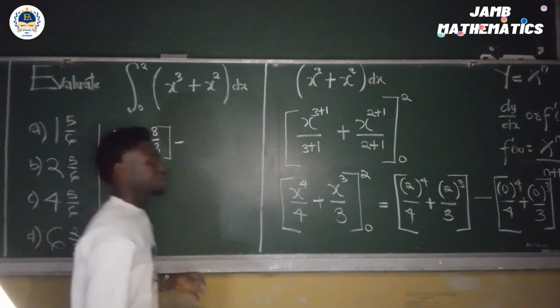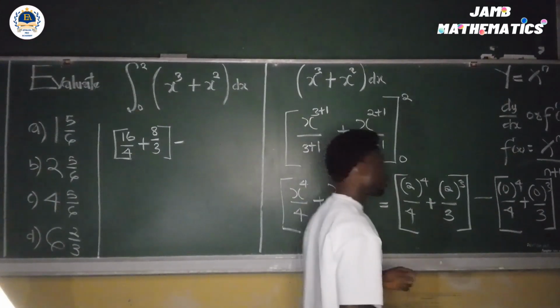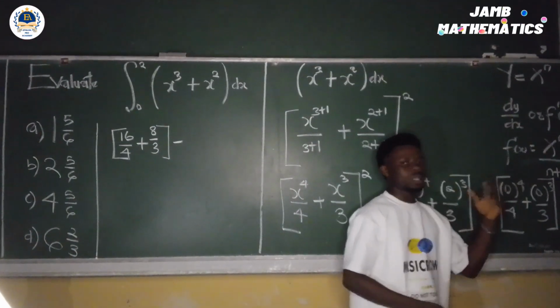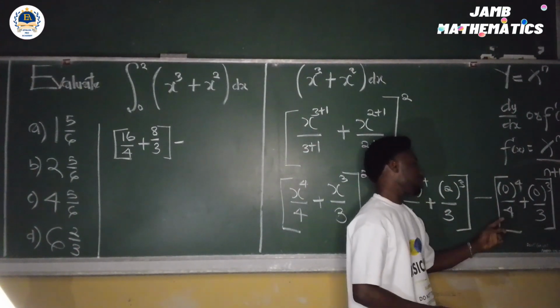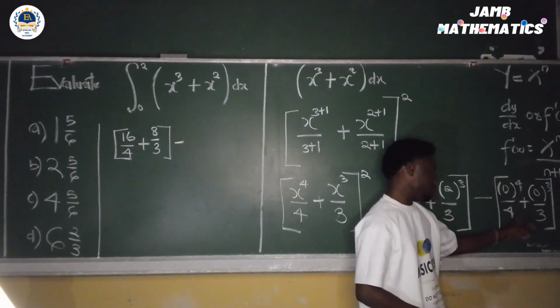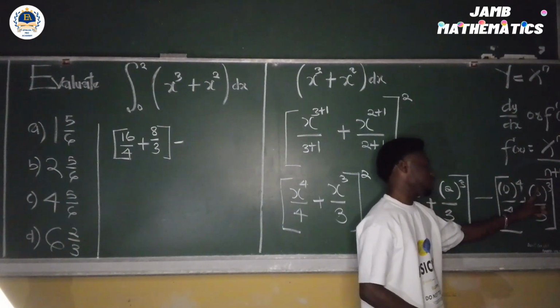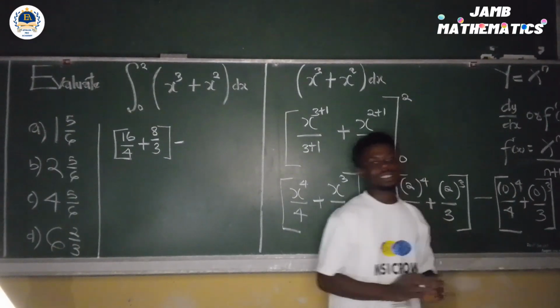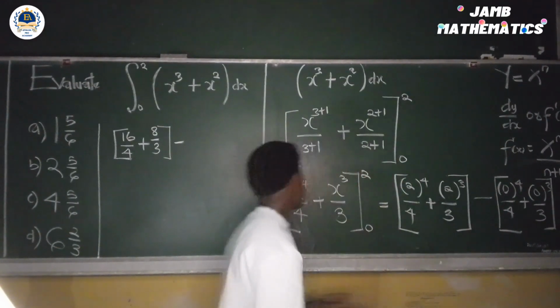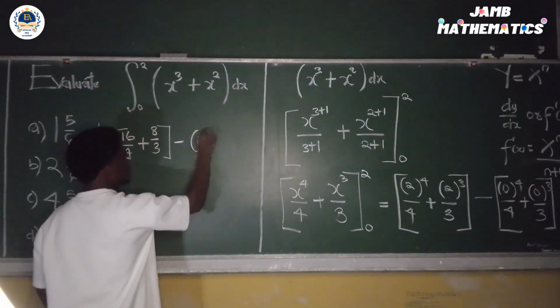Minus, now in the second bracket, we have 0 raised to the power of 4, and 0 raised to the power of 4 gives 0. 0 divided by 4 is 0. Plus 0 raised to the power of 3 is 0, and 0 divided by 3 is 0. So everything in the second bracket gives 0.